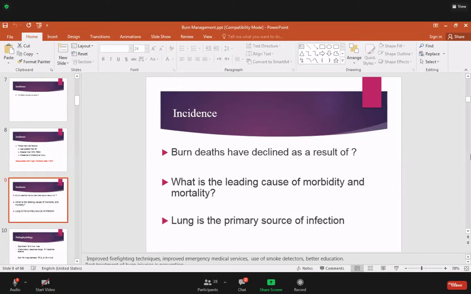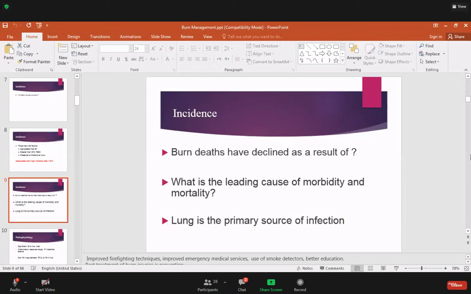Initially, the most common organism that is usually found in the burn wounds is Staph aureus. But later on, as time passes, gram negatives come into action, anaerobes come into action, and these anaerobes and gram negatives are very difficult to get rid of.